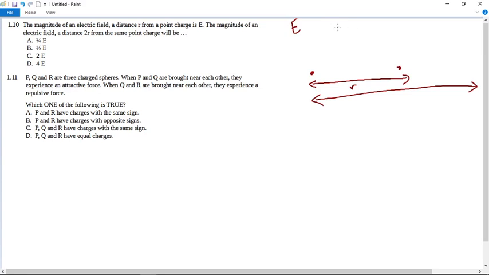Remember as well, E equals F over Q, but E is also equal to KQ over R squared.